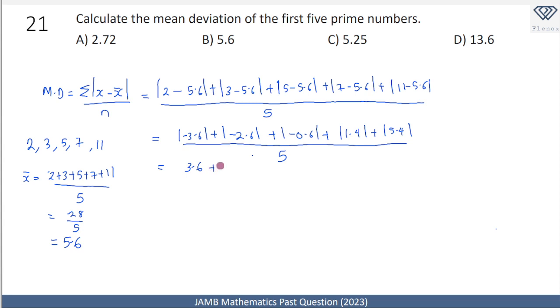So that becomes plus 2.6, plus 0.6, plus 1.4, plus 5.4, and we divide them all by 5. When you sum up those numbers at the top, you get 13.6 divided by 5, which becomes 2.72. So the mean deviation of the first 5 prime numbers is 2.72, and that makes A the correct option.